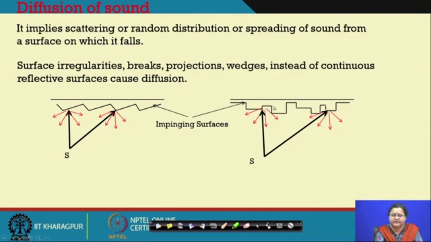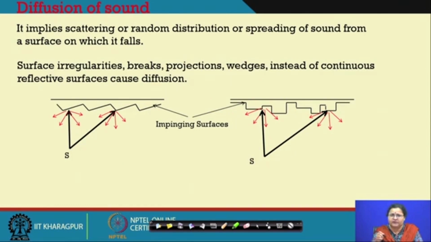So, if we have these as small, say 2 inches, 3 inches, or say 100 millimeters, 200 millimeters, some of the sound frequencies which have smaller wavelength, that is the upper part, may get directly reflected and some may get diffused.